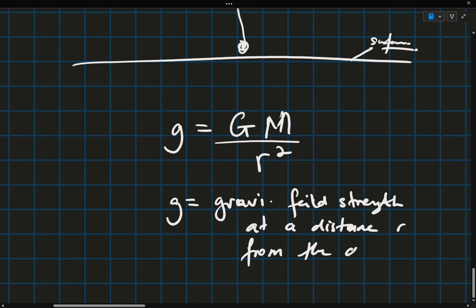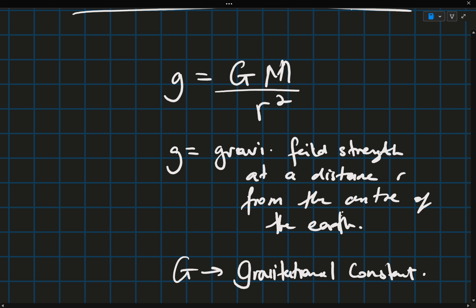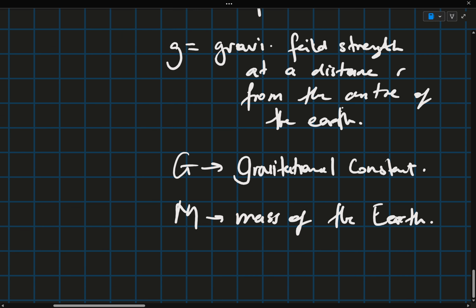That means that the big G now is the gravitational constant, M is the mass of the Earth, and then r is the distance from the center of the Earth.